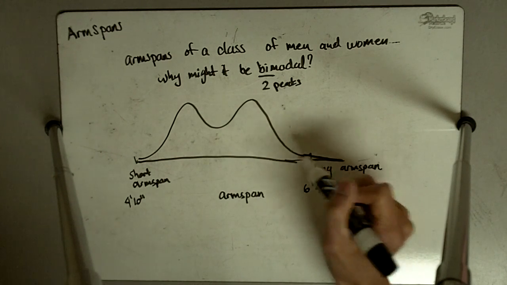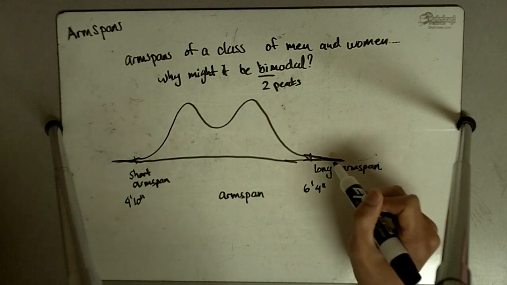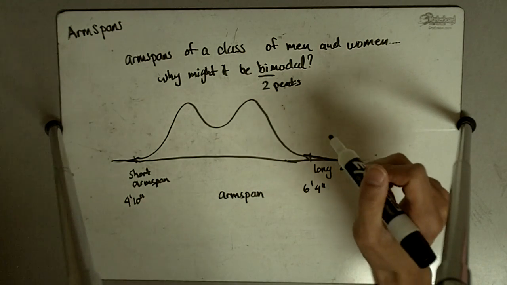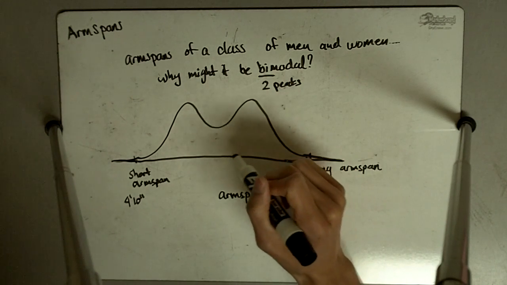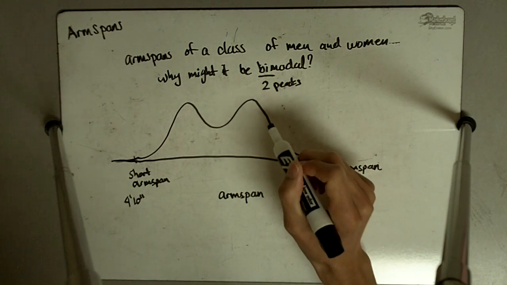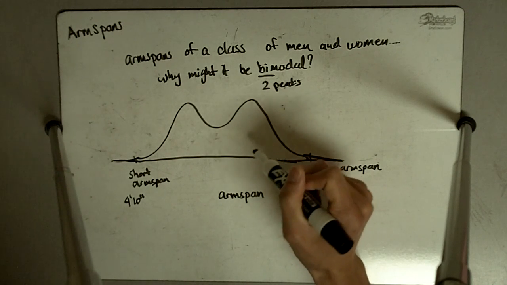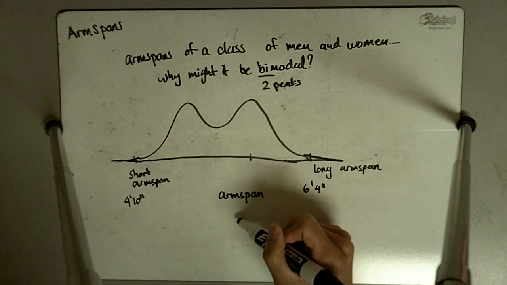LeBron James or whoever, Kobe Bryant, any basketball player will have very long arm spans and can handle the ball very well. But in a class, we probably won't have anybody the height of LeBron James or Kobe Bryant or anything like that. But this peak here could be a peak for men.